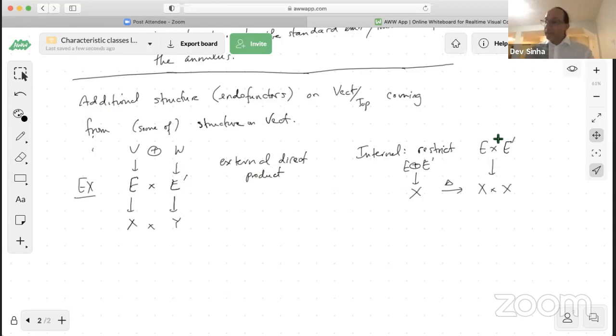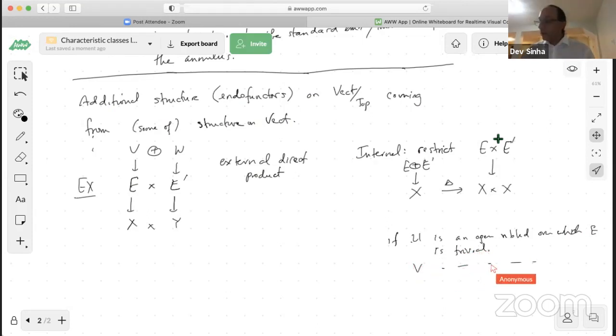Well, we see that if U is an open neighborhood over which E is trivial, and V for E prime, then over their intersection, they're both trivial.